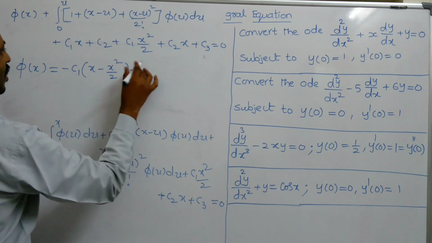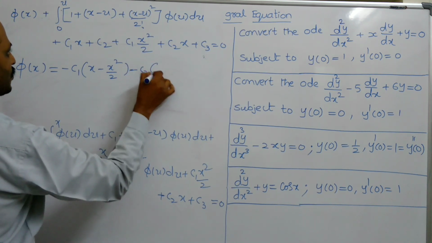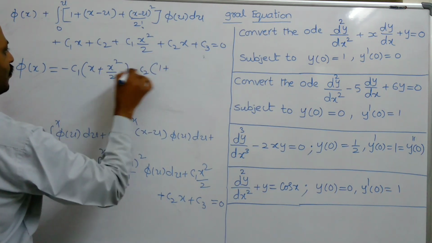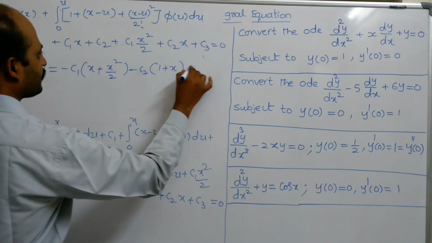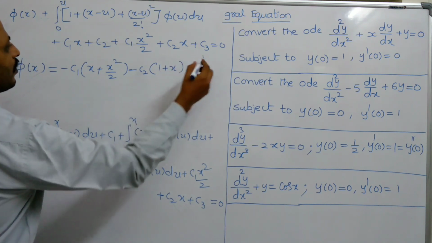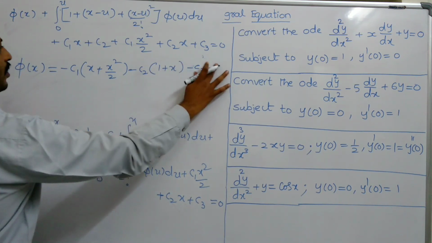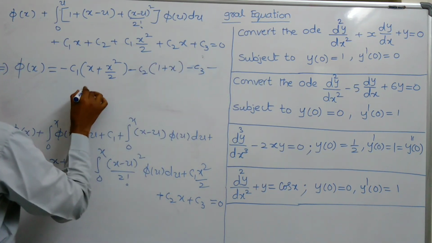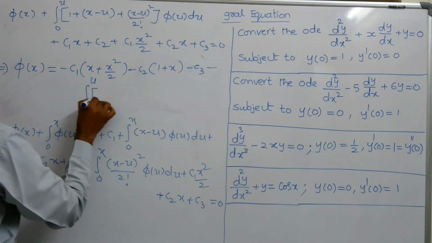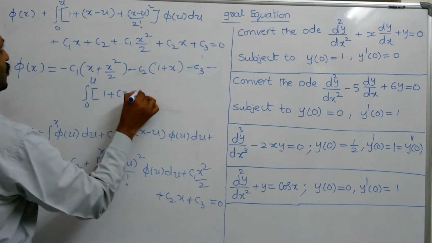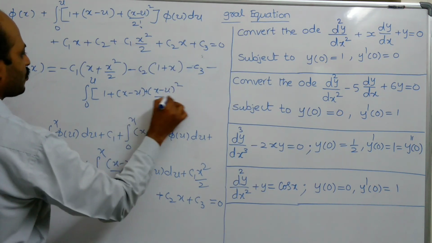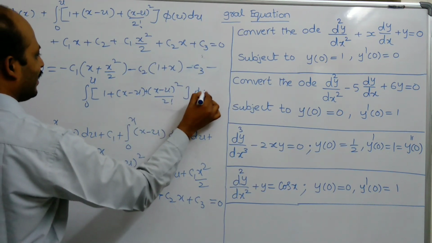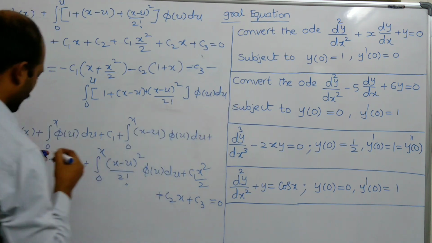By making minus C1 common, minus C1 times x plus x square by 2; by making minus C2 common, you get 1 plus x; and then minus C3, minus integral 0 to x of 1 plus x minus u plus x minus u whole square by 2 factorial into phi of u du.